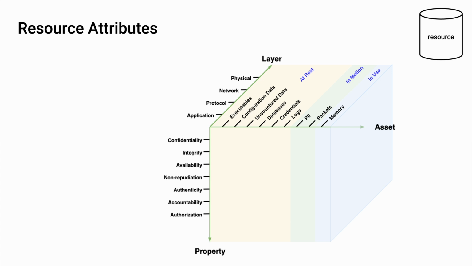Within the context of threat modeling, we have the following attributes. If the resource has a unique ID, then there's some mechanism that will allow us to know that this resource is the resource that we want. This is most important when you're dealing with executables.